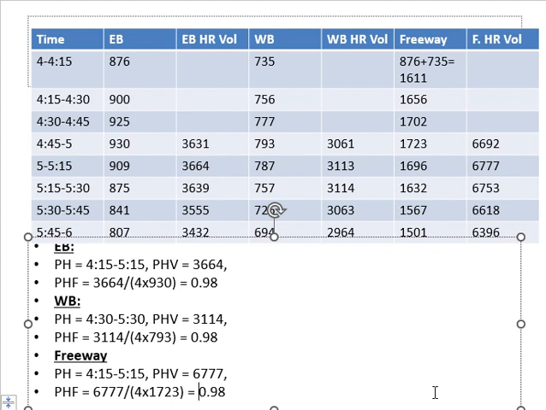If one has 0.98, the other one may be 0.97, 0.96, 0.99, something like this. They will be close. But the other things, there is no rule. The time can be different, volume will obviously be different, and the peak hour factor will be close but may not be the same exactly. Here it is exactly same. But it's not a rule. Got it? Clear?